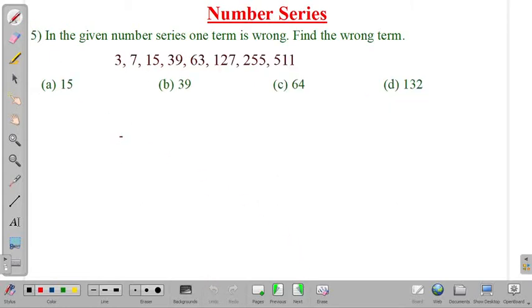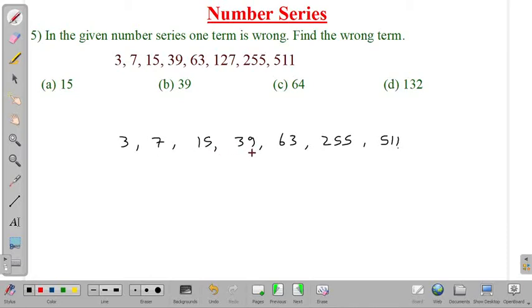See, the numbers given are 3, 7, 15, 39, 63, 255 and 511. Okay, if we see here, the numbers are increasing rapidly. From 3 to 7, then 7 to 15, 15 to 39.